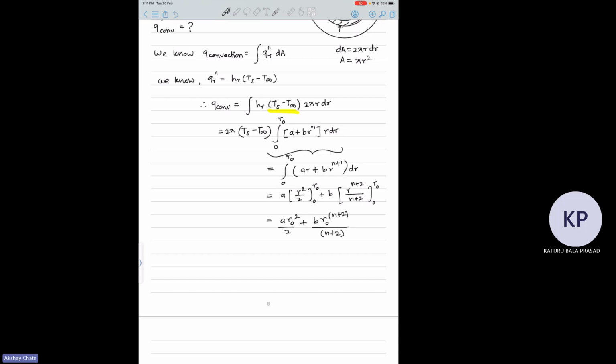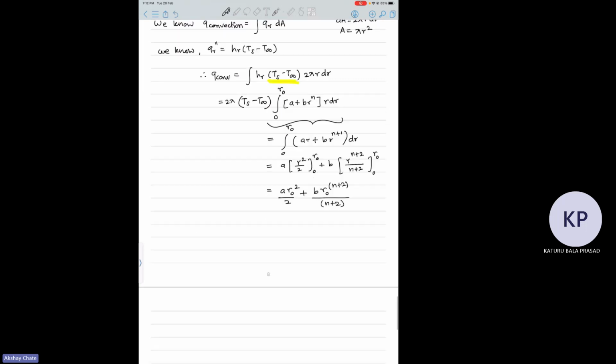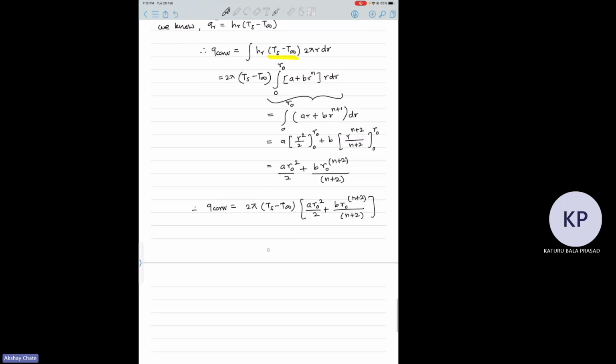So this is your integration, and you put that back in the convection term. So your Q convection is 2 pi Ts minus T infinity, into the bracket of A R naught square by 2 plus B R naught n plus 2 power divided by n plus 2. Now what options do we have here? I think now you can see which option is correct.